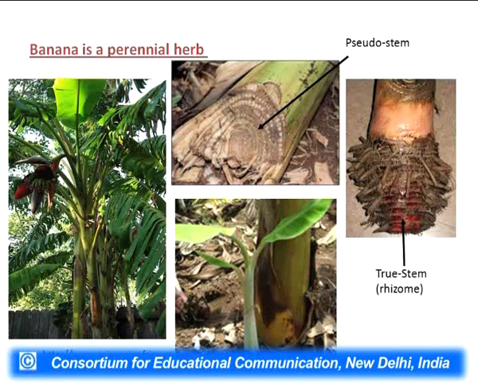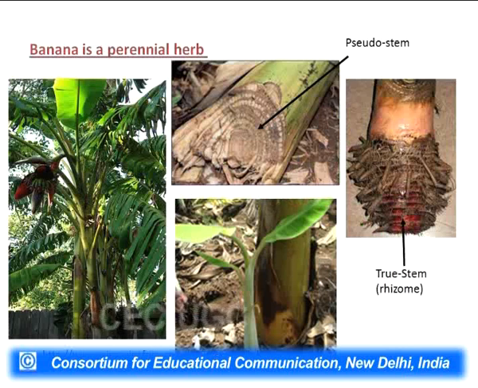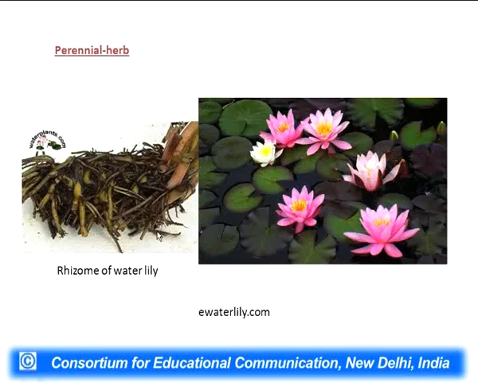There are many such perennial herb plants, and one example here is a water lily. In this water lily there is a rhizome, that perennial stem is under water, under the mud, and it grows almost forever. Like I told you in the case of banana previously, a banana plant you can consider like a branch.